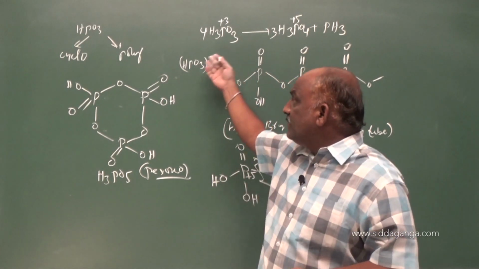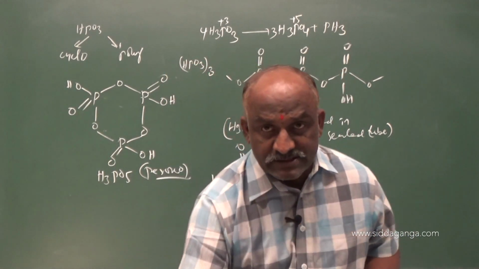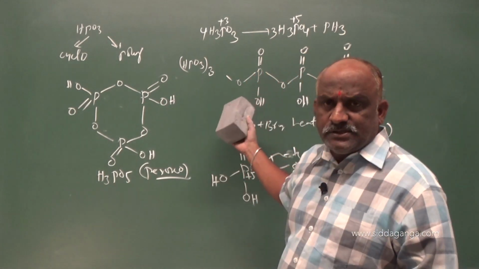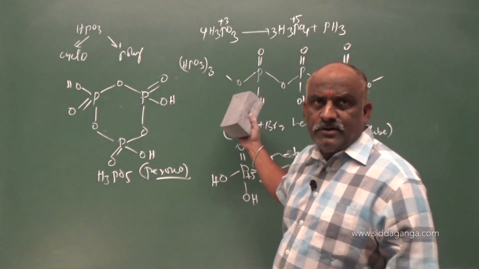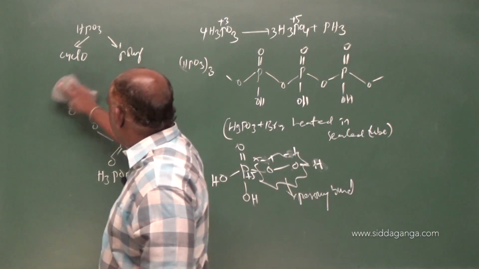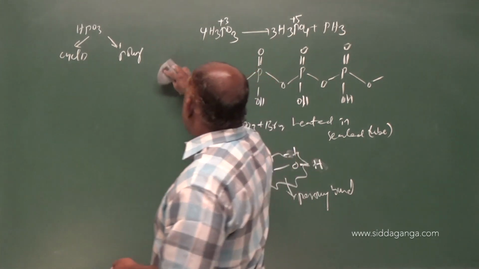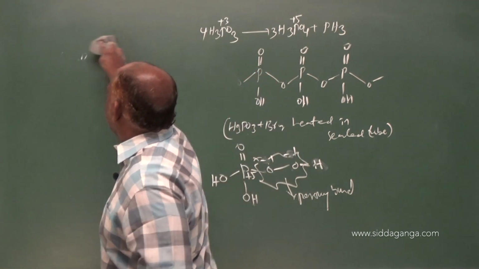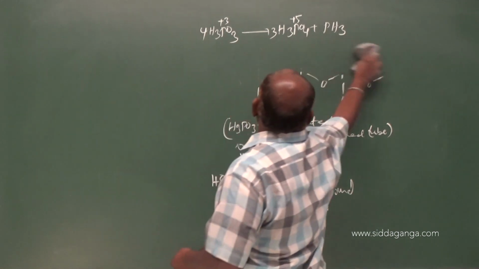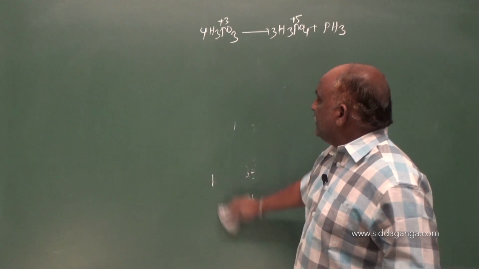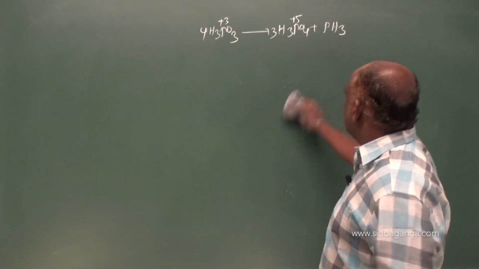Because of this, hypophosphorus acid, you observe this, make a note or draw the structures. Hypophosphorus acid acts as a strong reducing agent. It reduces benzene diazonium chloride to benzene.